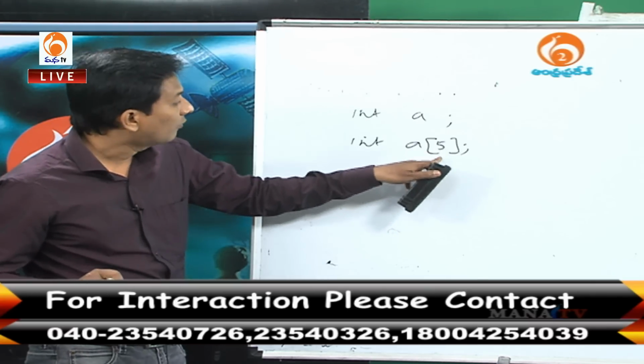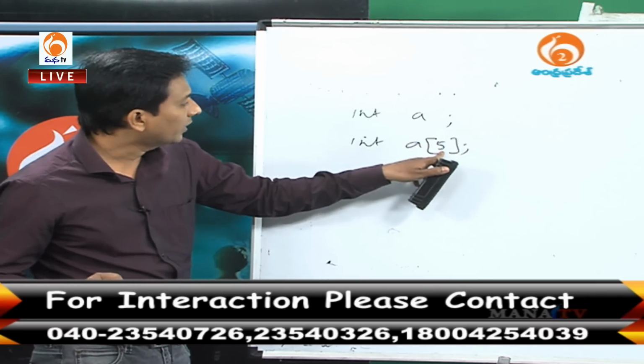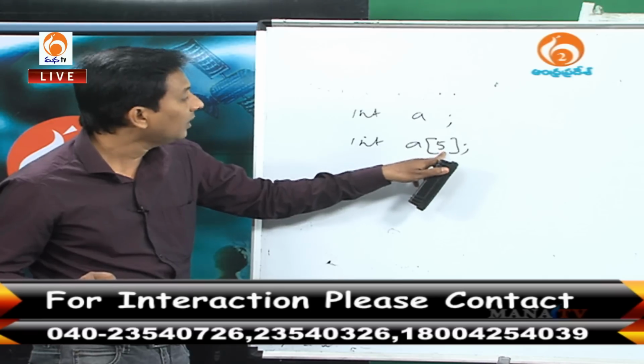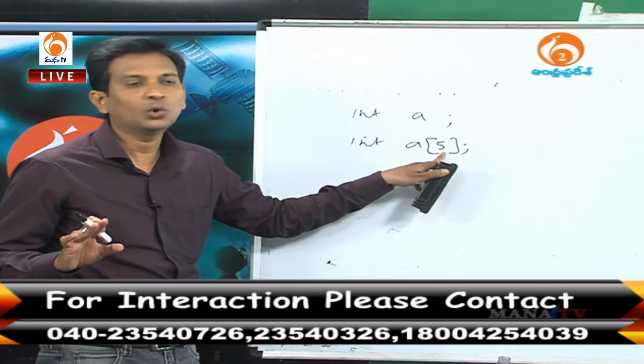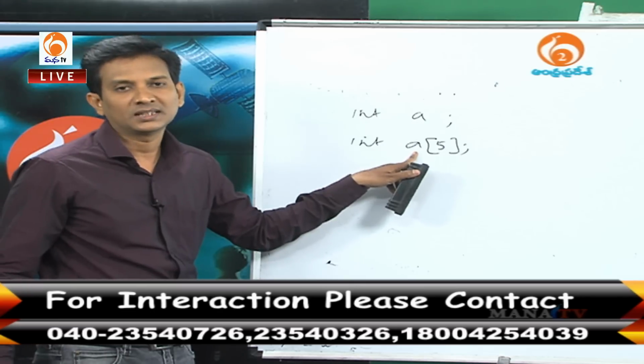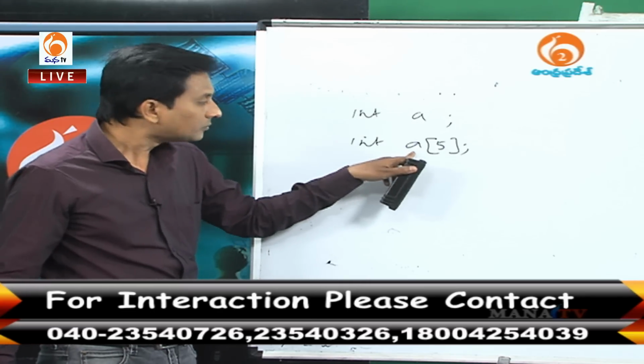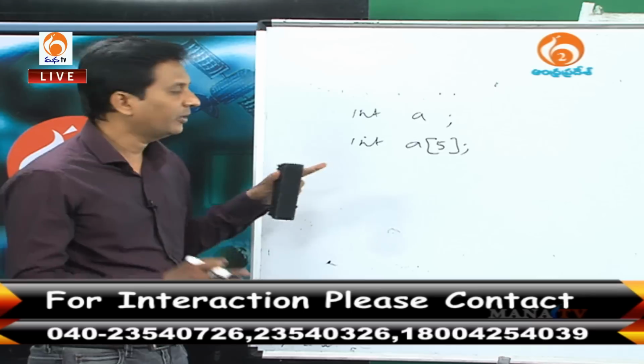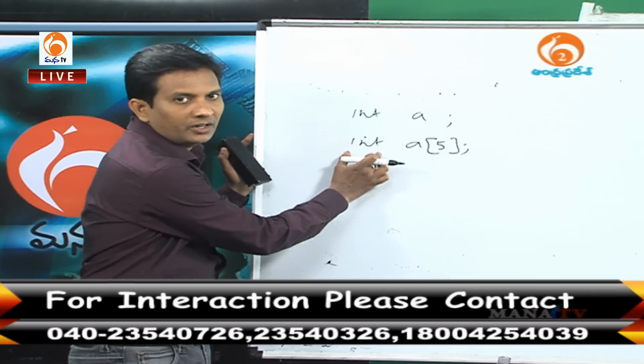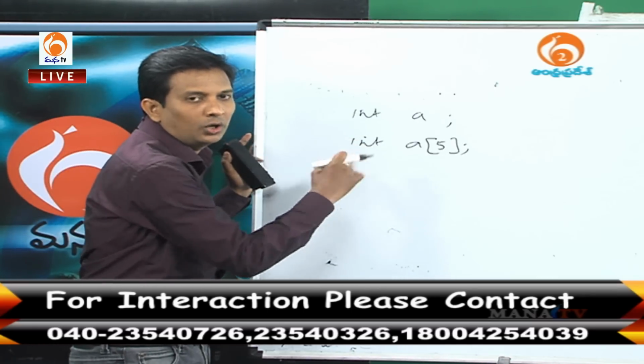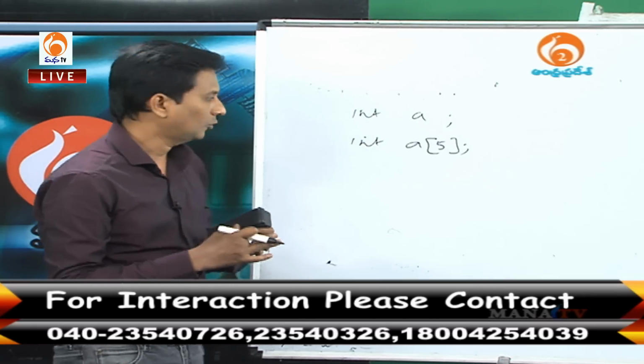If you specify 100 elements, they can be stored in this variable. That is the meaning of the array. It is a contiguous memory of the same data type. If I write integer here, it stores only integers.